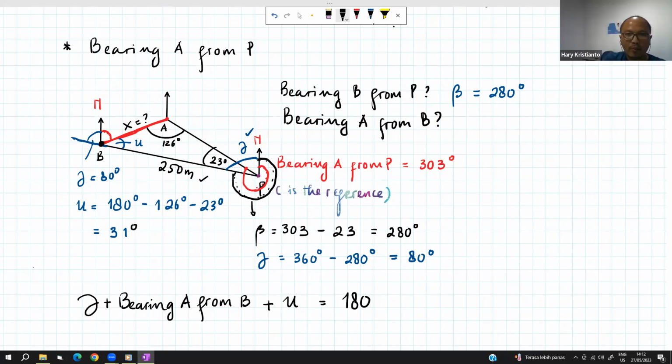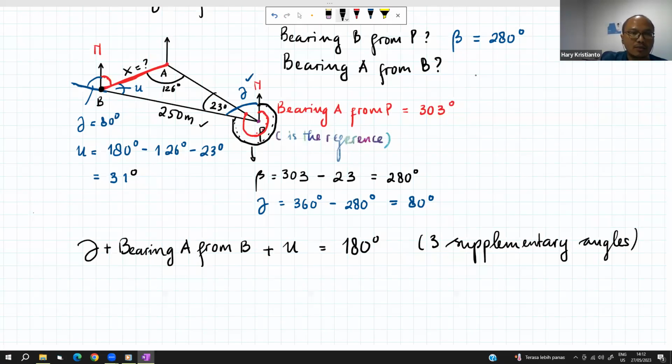That's right. They are supplementary to each other. Three supplementary angles.